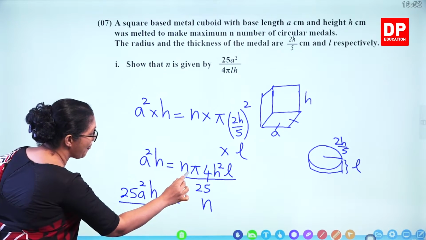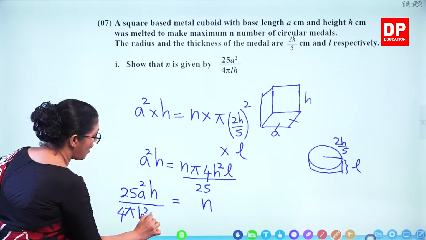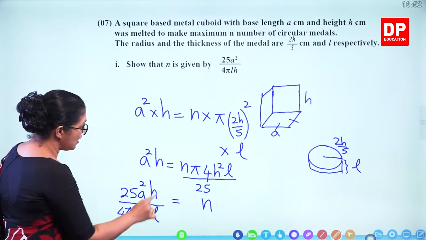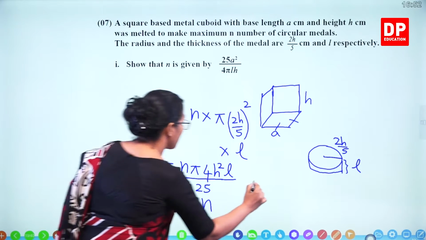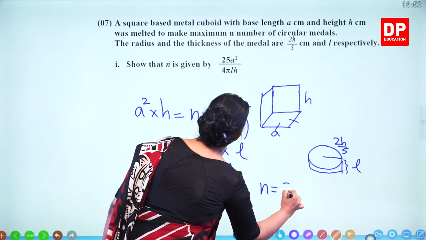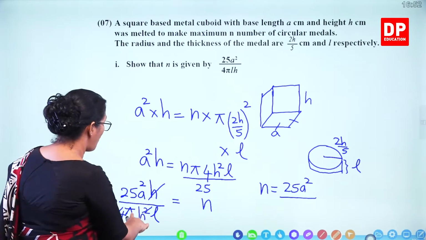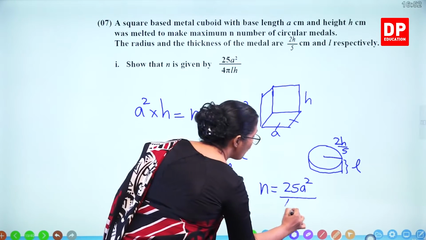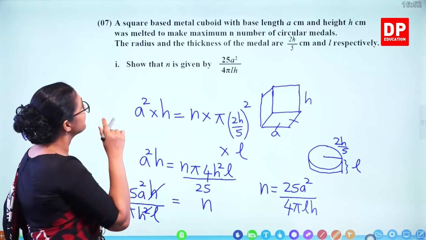Divide by pi 4 h squared L. Now can you see 1 h get cancelled out? And what's remaining? N equals 25a squared over 4 pi HL, or 4 pi LH. So that's what you need here.